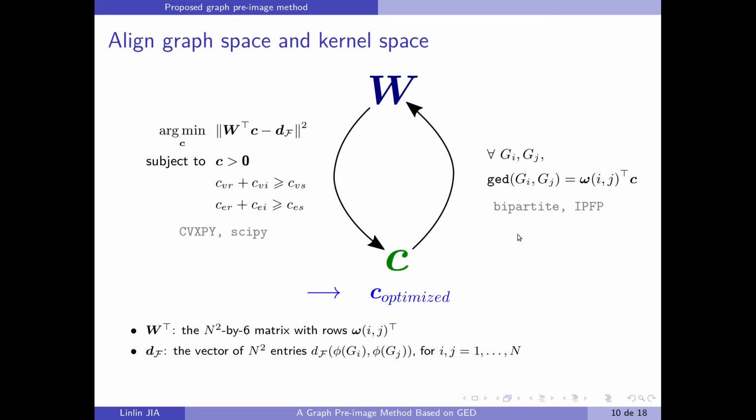We form the vectors omega between all pairs of graphs into a matrix W. In step 2, we fix the matrix W to optimize c, and the minimization problem can now be considered as a constrained linear optimization problem, where a classic solver can be used. We continue this procedure until the optimized cost c is obtained.